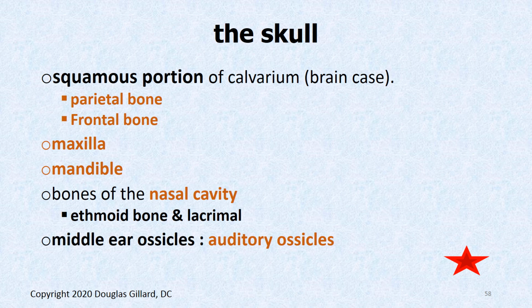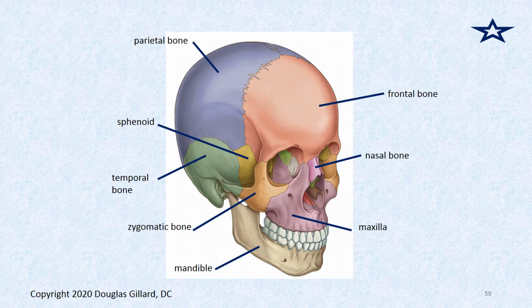The maxilla and mandible, those are huge bones, are derived from neural crest cells. And bones of the facial skeleton, you could say in general, are derived from neural crest cells, like the ethmoid bone, the lacrimal bone, the little tiny three bones, the auditory ossicles, all derived from neural crest cells.